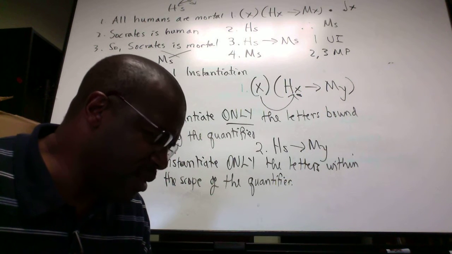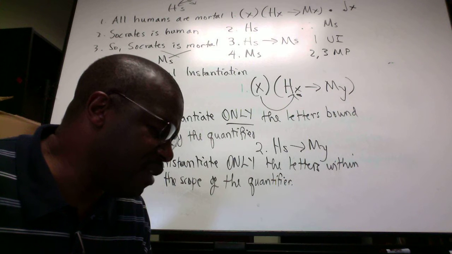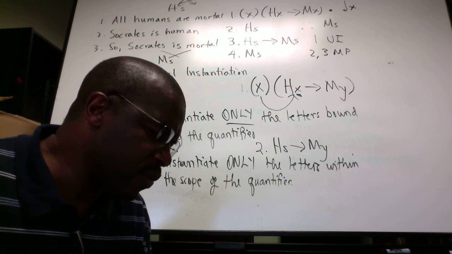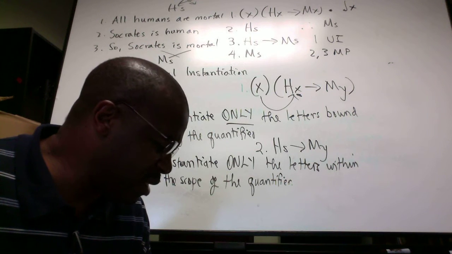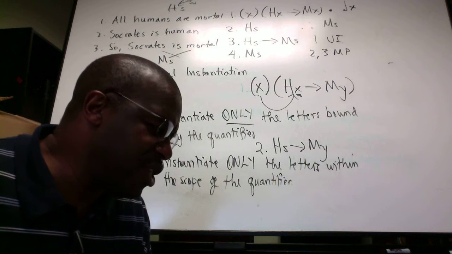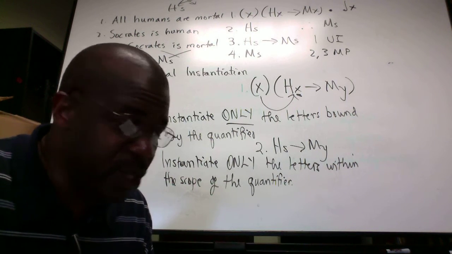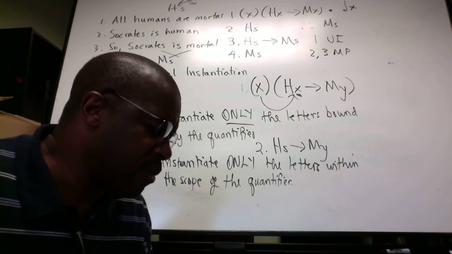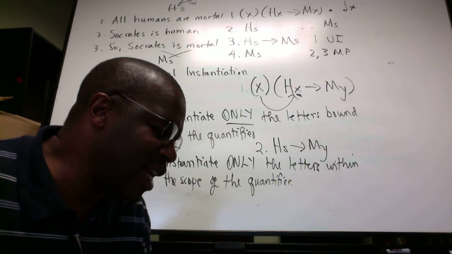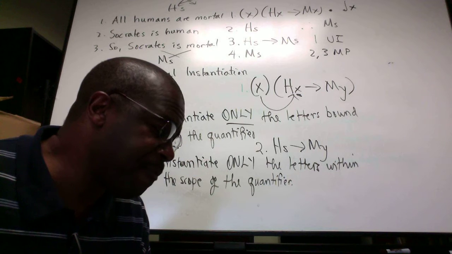Notice that it is also a universal instantiation, and the person has instantiated to a different letter. Both instances of universal instantiations are correct. You can instantiate to the same letter. You can instantiate universally to a different letter. C is also universal instantiation, and notice that it has two quantifiers. It has the existential quantifier as well as the universal quantifier.